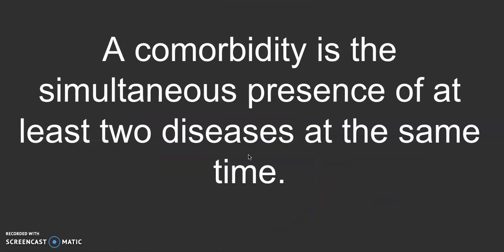We can also talk about comorbidities, which is the simultaneous presence of at least 2 diseases at the same time. And we're talking about all of this at this particular time because a lot of micronutrient deficiencies accompany other types of illnesses. So, for instance, anemia is really common with malaria, or let's say hemophiliacs, right?